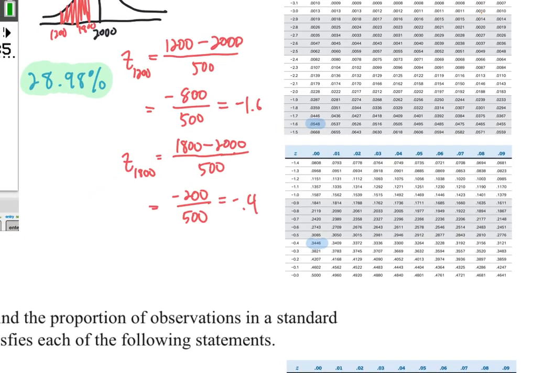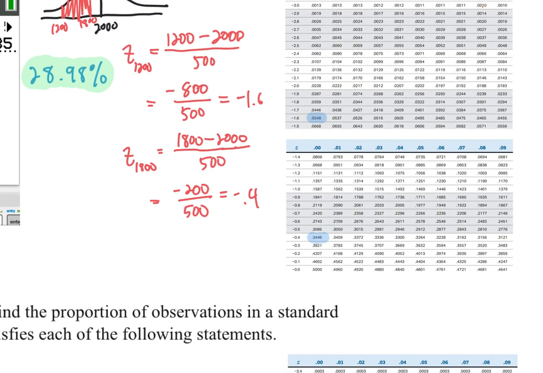Just do the bigger minus the smaller. So we'll do 0.3446 minus 0.0548. Okay, let me do that in my calculator. 0.3446 minus 0.0548. And that ends up being 0.2898.